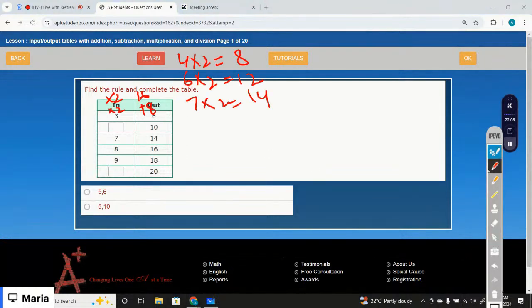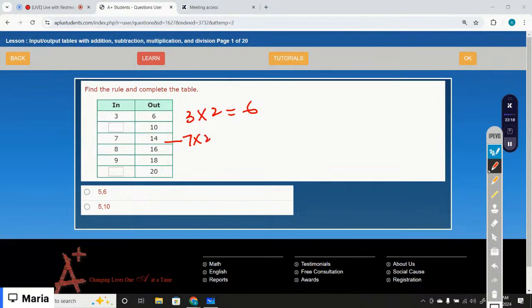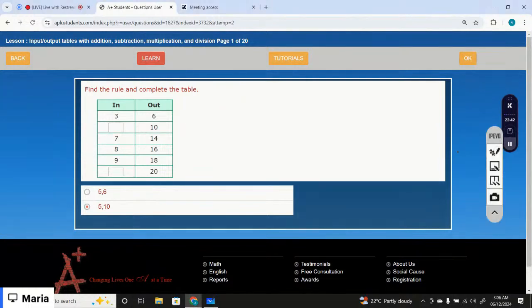So just look at the input and output. 3 and 6, 7 and 14, 8 and 16, 9 and 18. That is, I think, 3 times 2 is 6, 7 times 2 is 14, 8 times 2 is 16. So that here is 10. So what number times 2 is 10? That is 5. And 10 times 2 is 20. That is 5 and 10. The correct option is option number 2. Very good. That is 5 and 10.